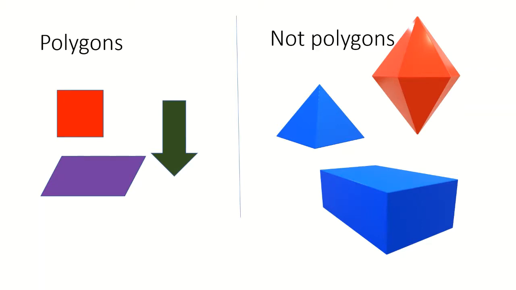Now, what is it about those not polygons that's all the same that makes them not polygons? Well, if a shape is two-dimensional, it could be a polygon. And if it's three-dimensional, it can't. Now, all of these are polygons because they are two-dimensional. But it does say that a polygon is a 2D shape with straight sides, so I wouldn't put a circle there.